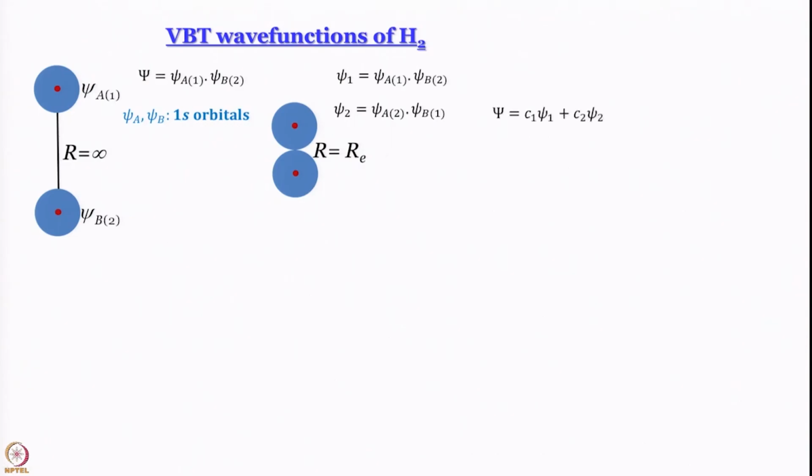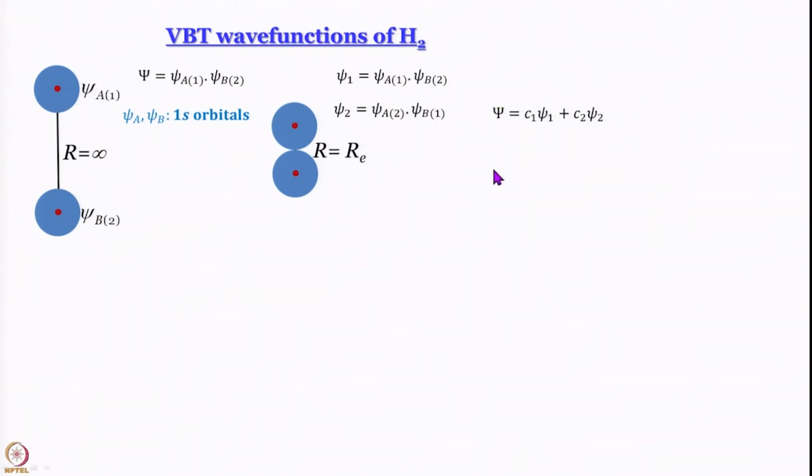Alright. What is the wave function then? The wave function would be capital psi equal to C1 psi 1 plus C2 psi 2. We are going to evaluate C1 and C2 maybe in the next class, but we can actually make a sort of a guess of what C1 and C2 could be if we do not worry about normalization of psi.